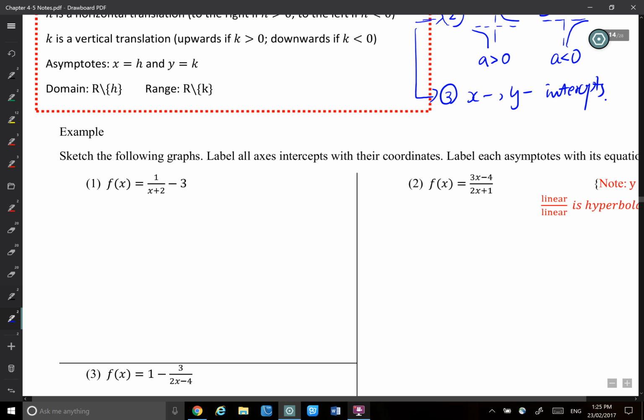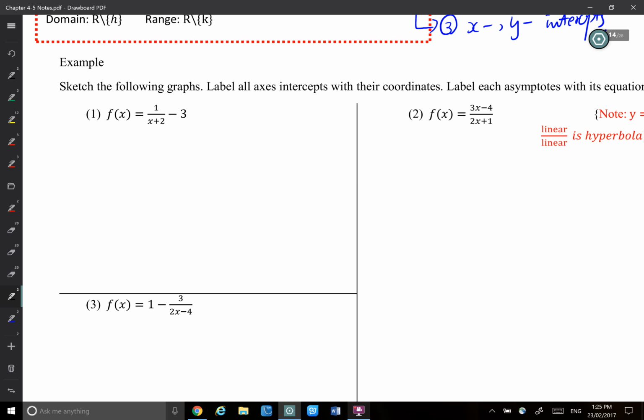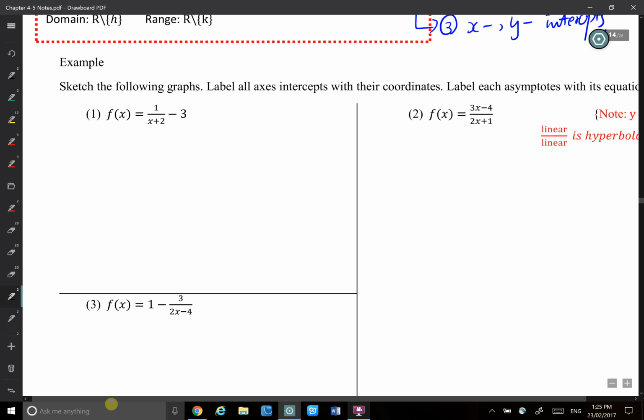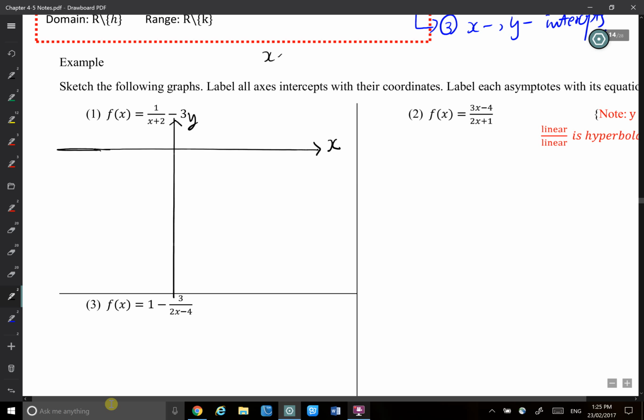So let's do one example. y equals 1 over x plus 2, minus 3. So x plus 2 cannot be 0. When it equals 0, that will become the asymptote.